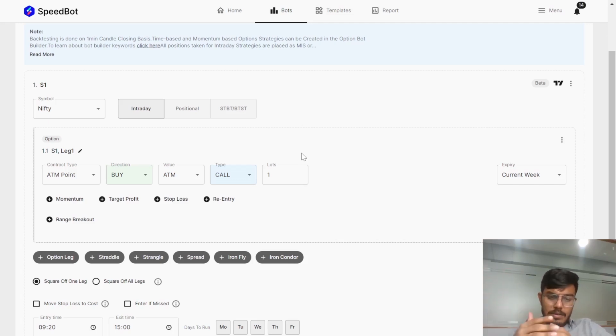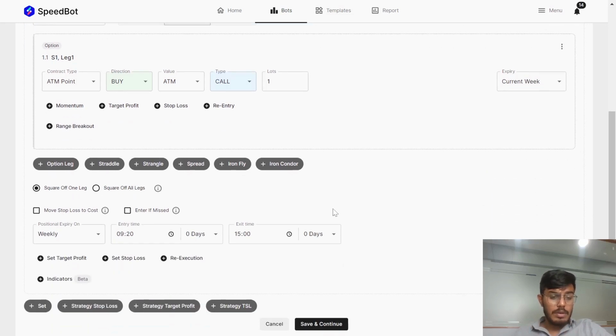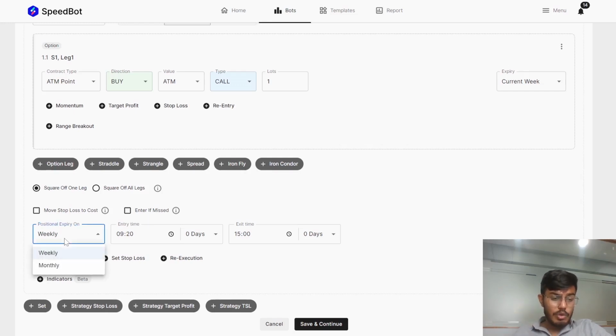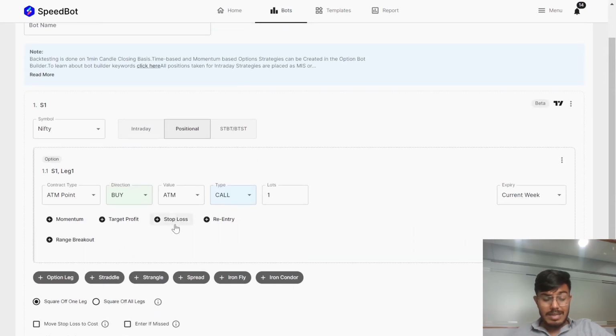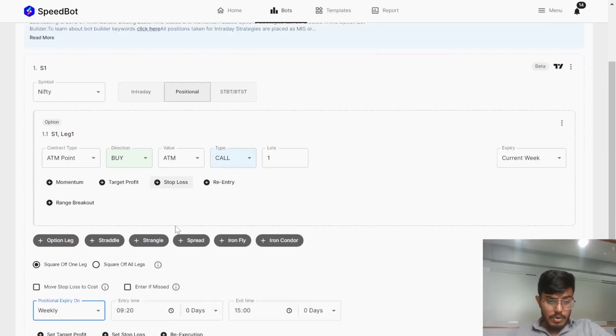In that case, you can use the positional option over here that enables the option trader to take the strategy overnight. That is, the strategy could be used on the weekly expiry, it could be used on the monthly expiry, right?